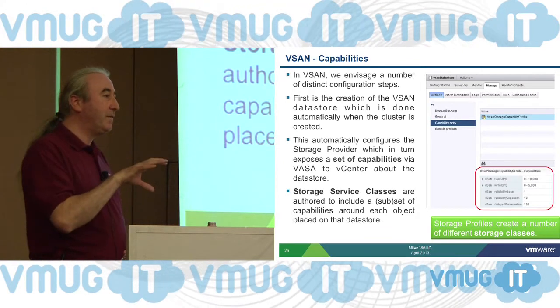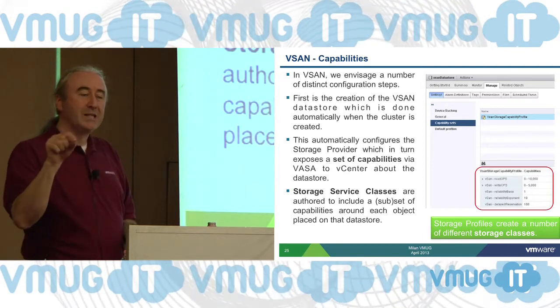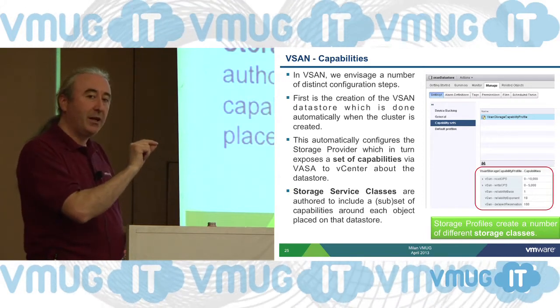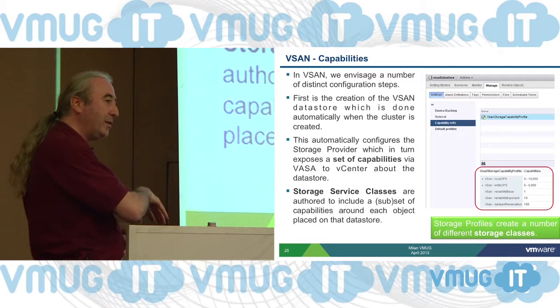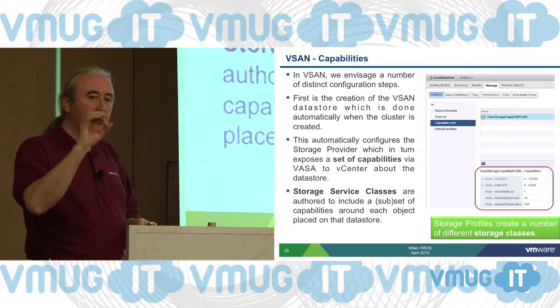And this is a big difference from profile-driven storage. Profile-driven storage was a single policy associated with a data store. Here, we have one large data store, but we can create multiple policies. So we can have virtual machines instantiated with multiple different policies on the same data store. So that's another big change from what we had previously.